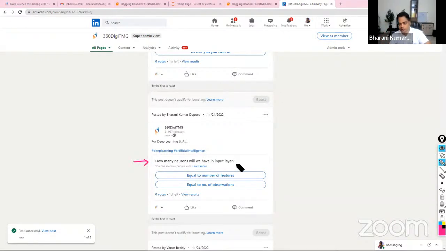Yes, friends, doctors, professors, students, whoever are attending. What do you think? How many neurons will we have in the input layer? Go for it. Is it A or is it B? I'm making it even easier for you. Please answer, everyone.